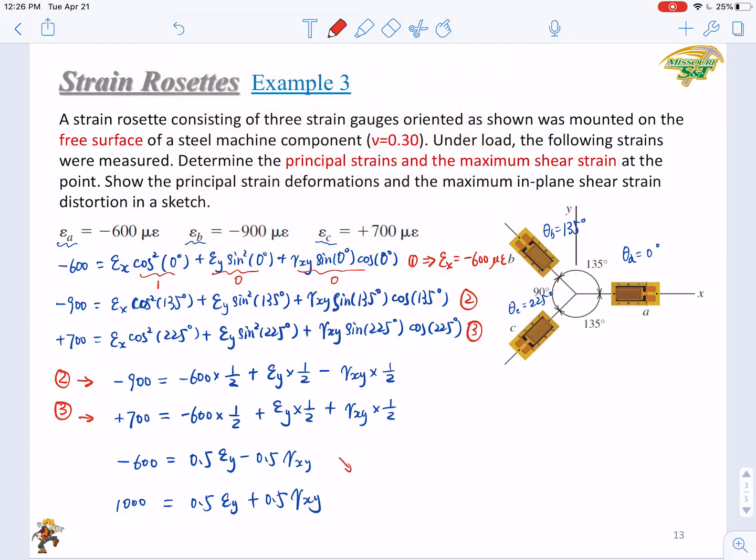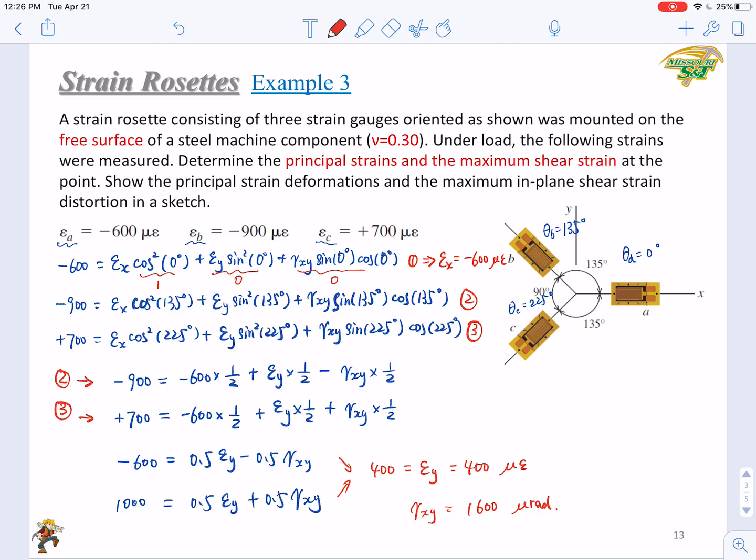It's easy to just add these two equations together. You will get 400 equals epsilon y. So epsilon y equals 400 microstrain. Then you can also solve that gamma xy equals 1600 microradian. We just solved the three components based on this rosette.